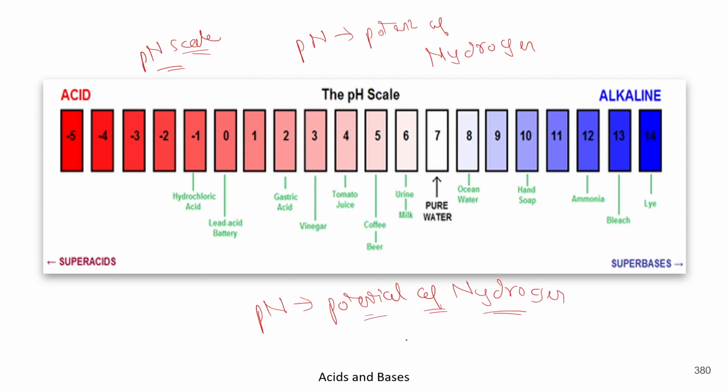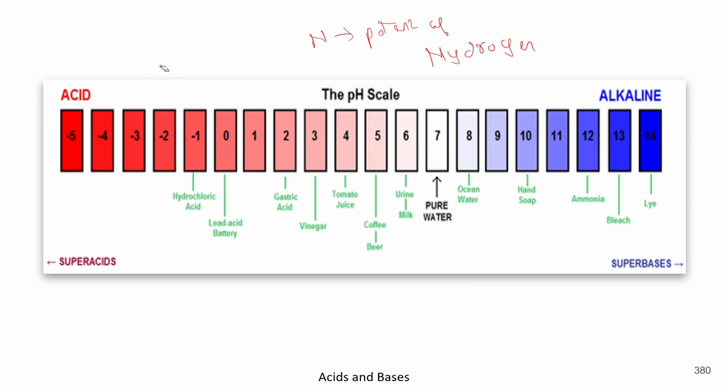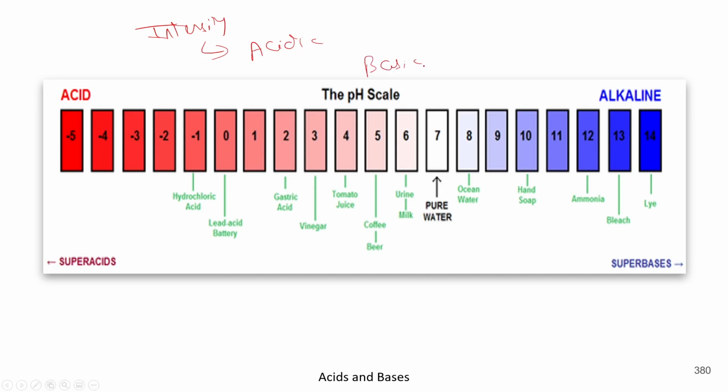Got it? All those indicators which we were using only help us identify whether the thing is basic or acidic, but they were not capable of finding out the intensity of acidic nature or of basic nature.